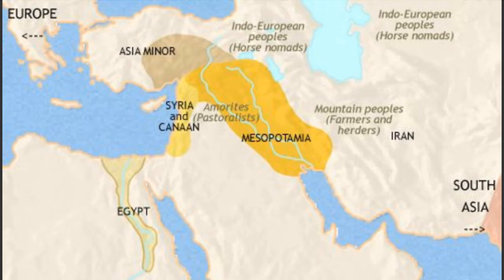Let's view the map. Note the proximity of Egypt to the Fertile Crescent. But again, while the crescent is in West Asia, Egypt is in Northeast Africa. The blue thread piercing through central Egypt represents the Nile, which flows down from south to north and empties into the Mediterranean Sea.